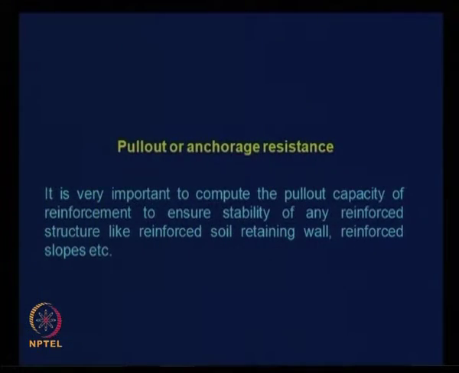Now we will discuss the pull out or anchor resistance. It is very important to compute the pull out capacity of reinforcement to ensure stability of any reinforced structure like reinforced soil retaining wall, reinforced slope, etc.